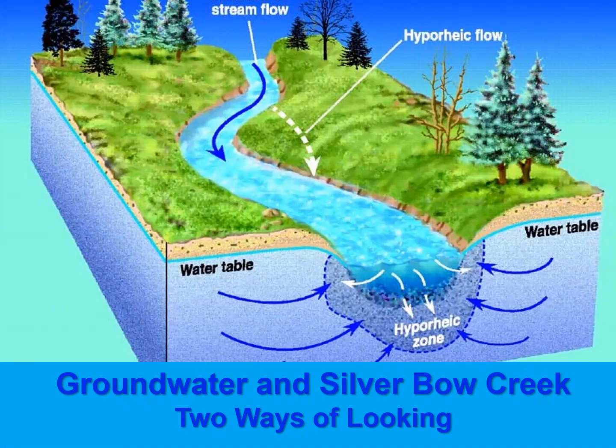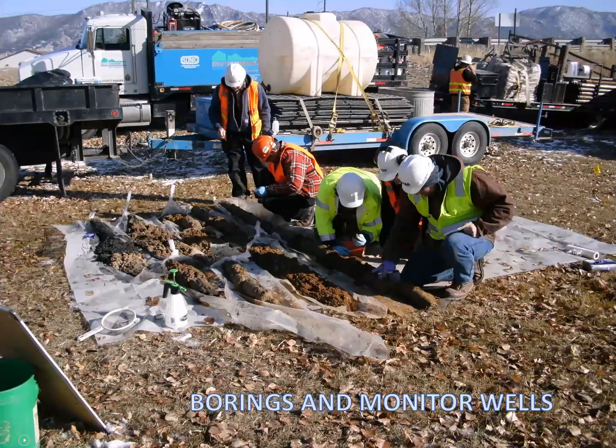And what we're going to look at is two ways of looking at this. The first one is really how I started looking at groundwater, was putting in borings and monitor wells. And then you can sample the groundwater and figure out what the nature of the aquifer is.